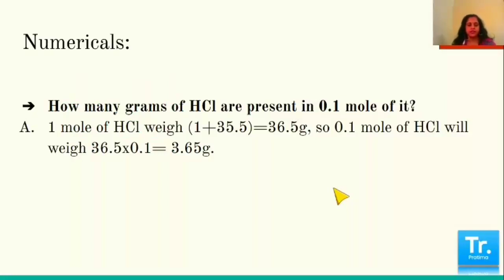See, the first question is, how many grams of HCl are present in 0.1 mole of it? If you remember, I will go back to the previous video, that whenever it is 1 mole, it is molar mass. So if I have 1 mole of HCl, the molar mass is 1 for hydrogen, 35.5 for chlorine.